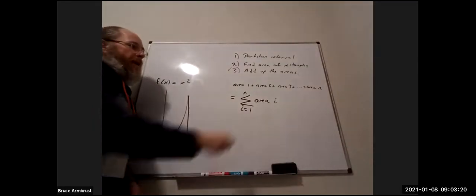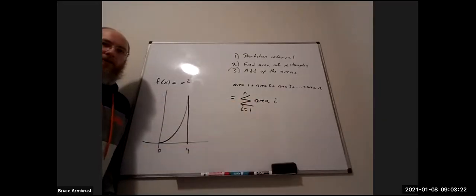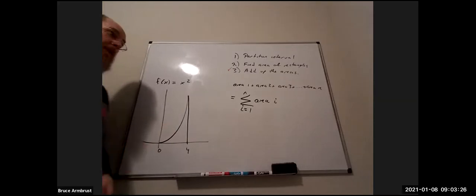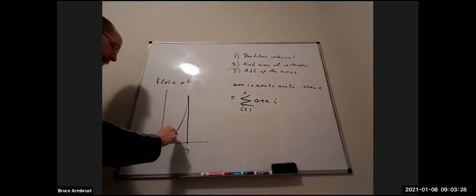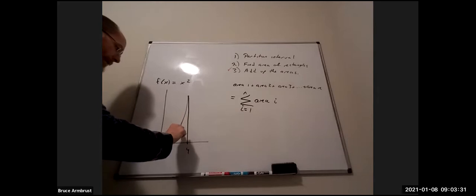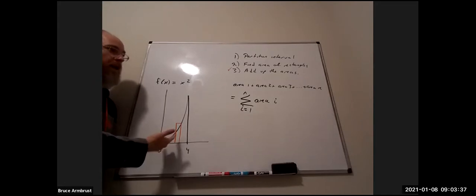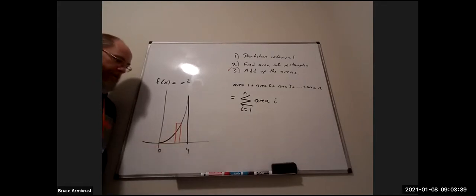So now let's think about how we find the area of those rectangles. I'm going to come back to this picture and draw one of the rectangles that we calculated, let's say this guy. This is going to be one of those areas, area i.